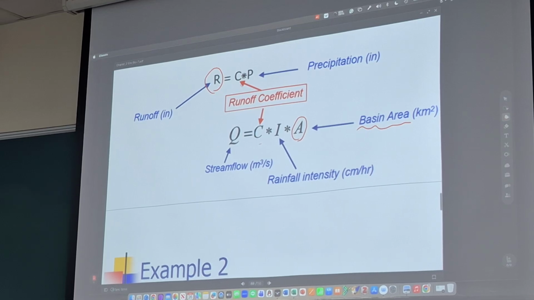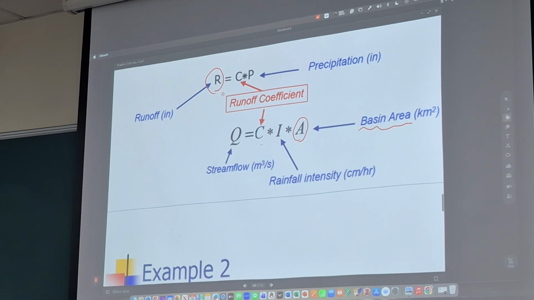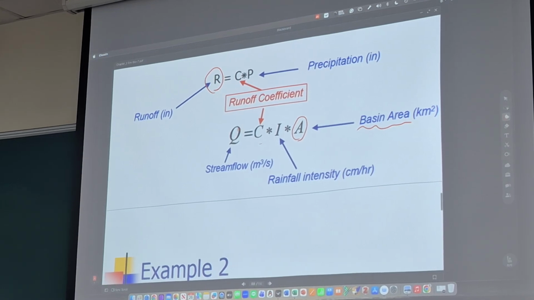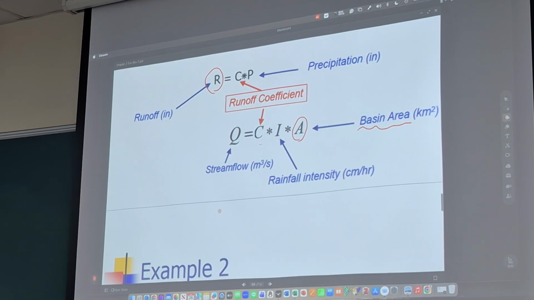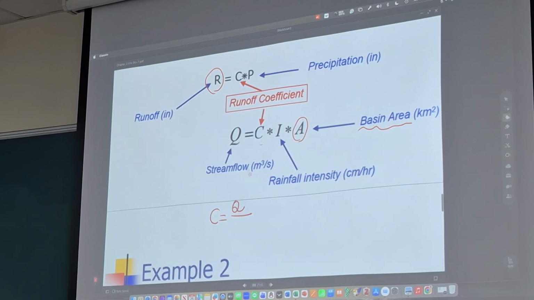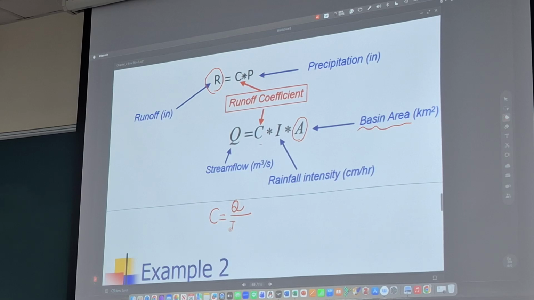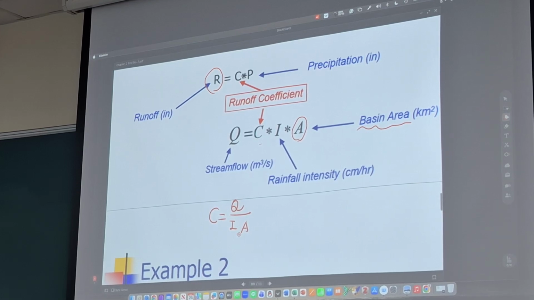Students, please take a look here. R equals C times P, right? Then C equals Q over I times A, right? Understand?